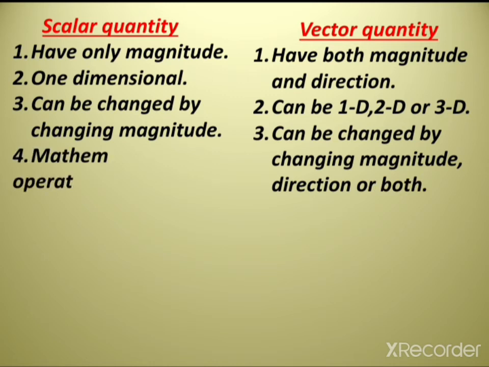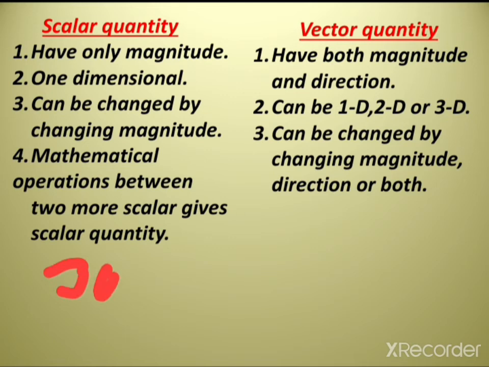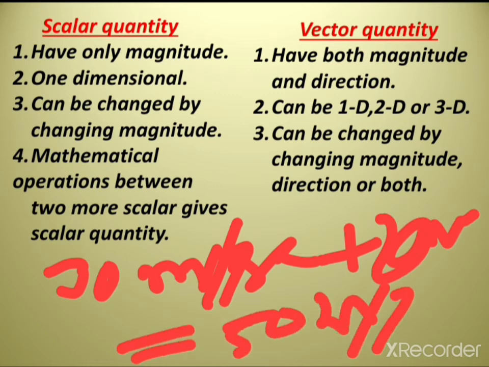Another is, if you operate on two or more scalar quantities, then the result will again be a scalar quantity. Suppose 30 meter per second plus 20 meter per second gives you 50 meter per second.